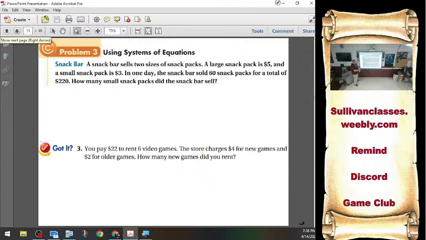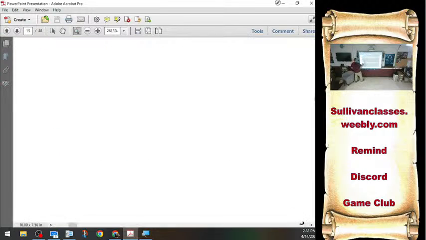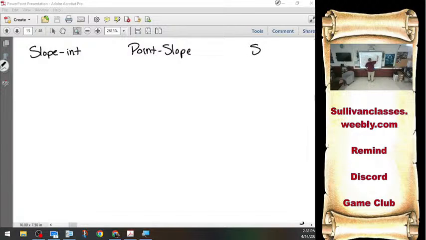If you remember, there was a page, and I said this would be really handy to have written as a note card or something so you don't have to keep flipping back and forth. There was a page where we wrote out our 3 different forms of linear equations. We have slope-intercept, point-slope, standard.